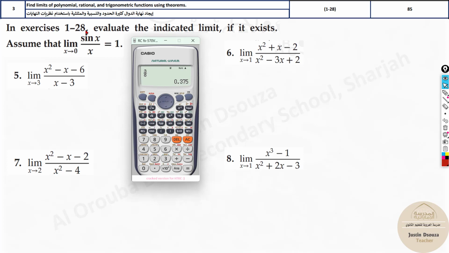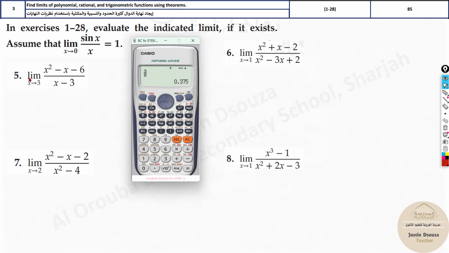Download it and go solve all these problems. The answers are there, but you can just check for the questions. Just look at the question, try solving it by yourself. Now, I will be solving all the 28 problems, but it is not recommended for you to just watch. If you have already understood, solve them by yourselves.